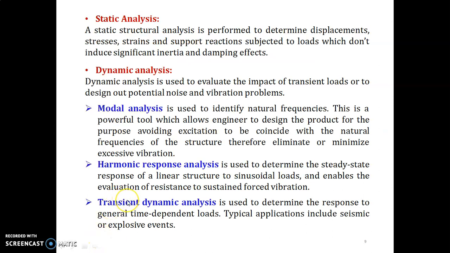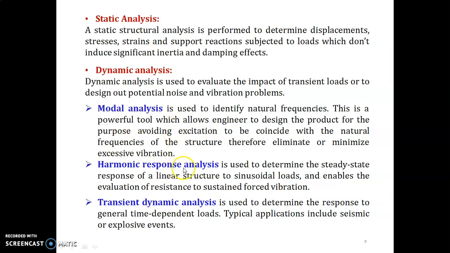Static and dynamic analysis of problems we can discuss in the next module, and this is applicable to modal analysis, harmonic response analysis, and transient dynamic analysis. Modal analysis is used to find the natural frequencies.